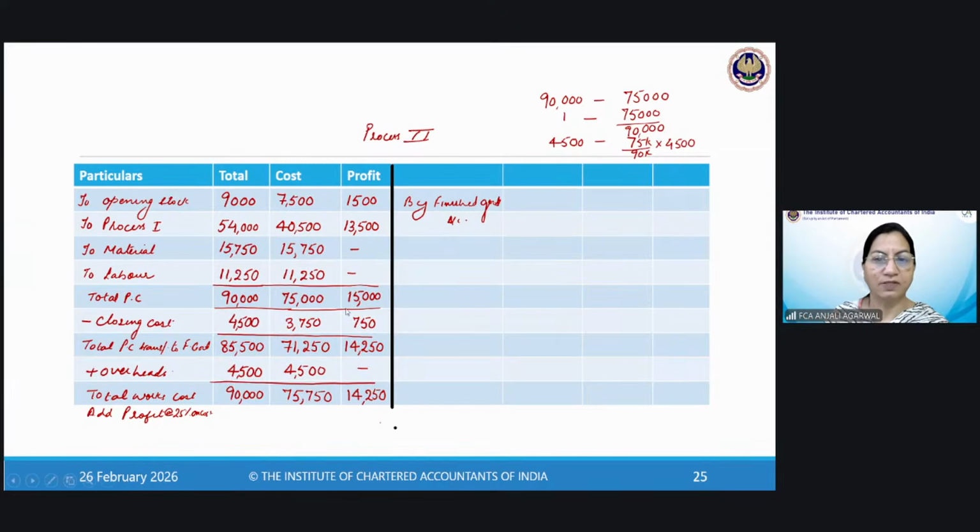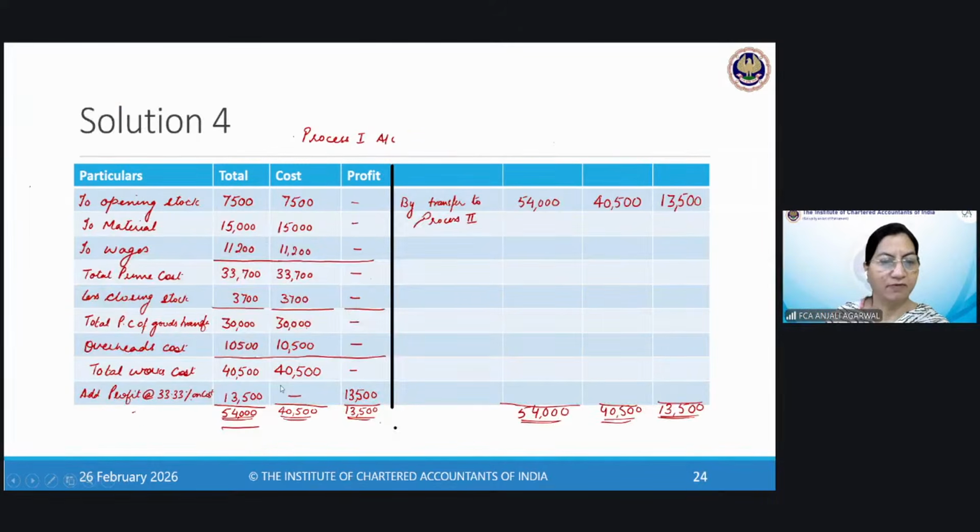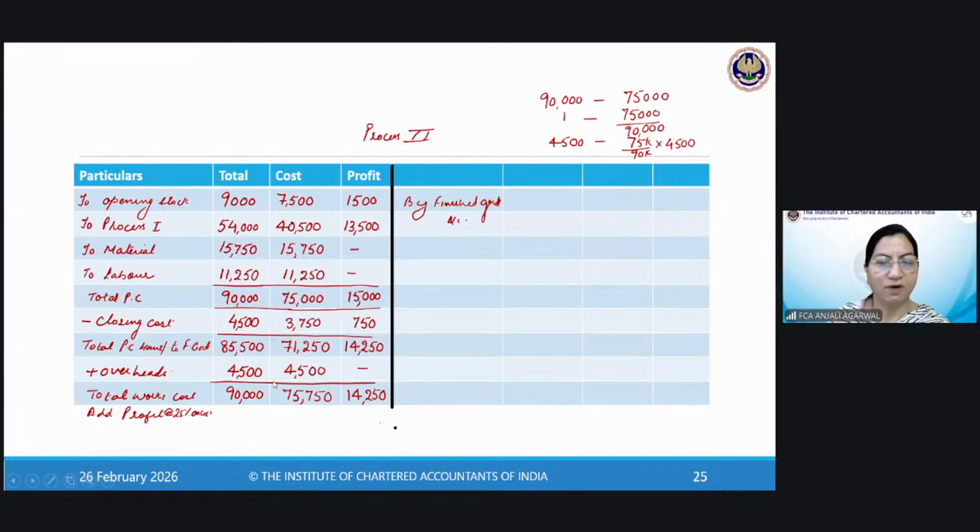So basically what is happening is, remember we have earned a profit of how much in process one? 13,500. Out of this 13,500, 750 is blocked in the closing stock. So 13,500 minus 750 gives 12,750, but the opening stock unrealized profit will be released.